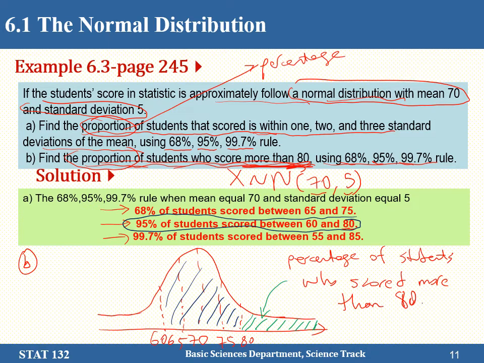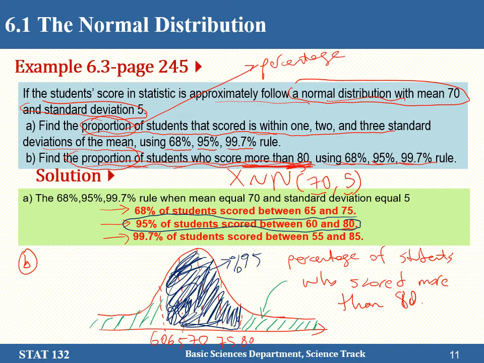So this part is making 95%. So if these two parts here, the green parts, since the normal distribution is a symmetric distribution, they are the same. The green parts have the same area.